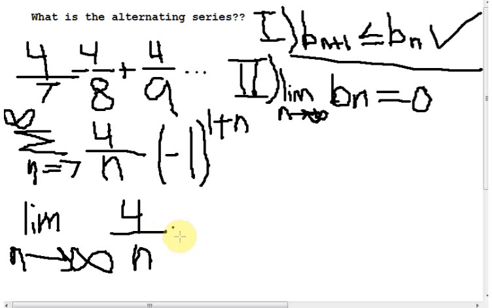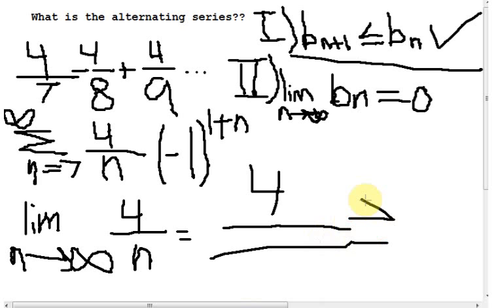And it's pretty obvious here that as n increases and goes towards infinity, if it increases to 10,000, 100,000, and beyond, then that would be 4 over a very large number, which would make this term go to 0. Because the bigger the denominator gets, the smaller the entire fraction will get. So eventually it would go to 0, and the second condition is met.